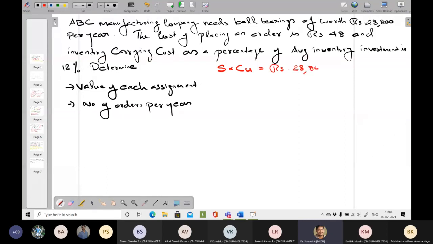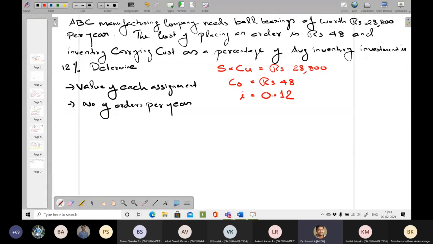The other information given is the cost of placing an order, so the ordering cost C naught is rupees 48, and the inventory carrying cost I is also given, which is 12%, that is 0.12. So this information is given in the problem.